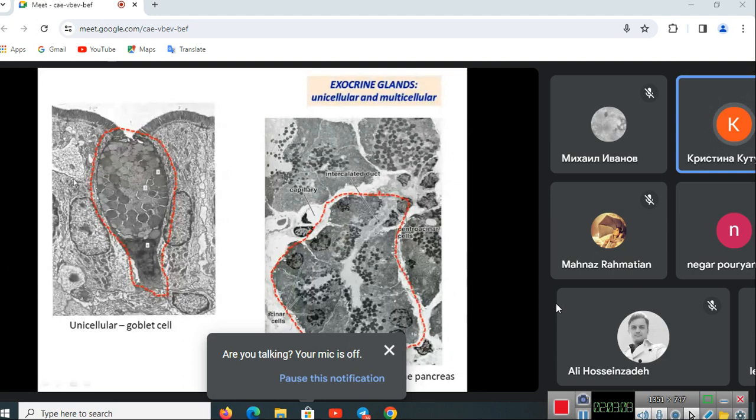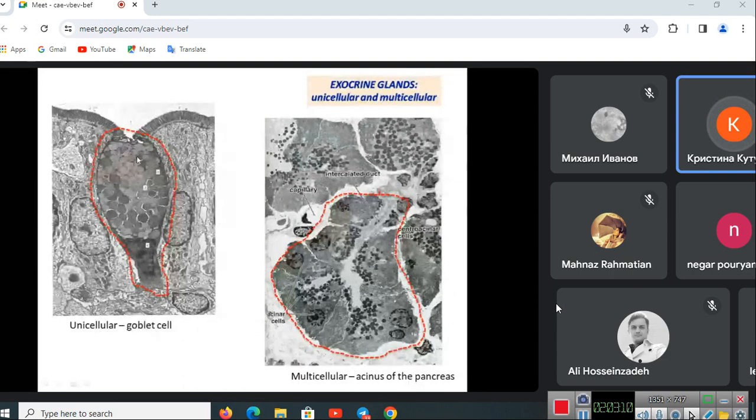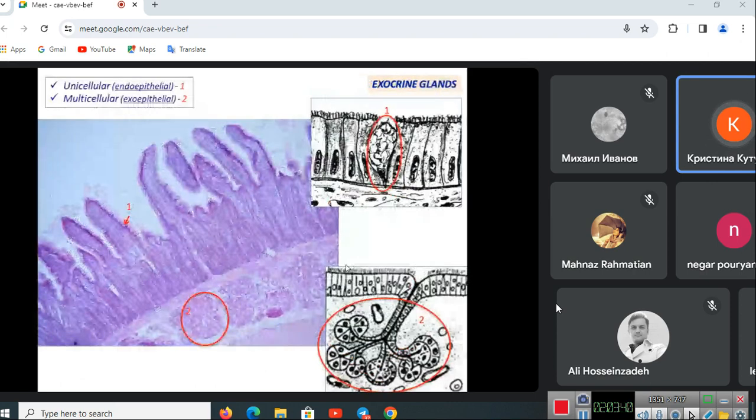For example, the goblet cell is an exocrine gland which releases mucus into the lumen of the intestine. And here we have cells in the pancreas, which are also exocrine gland cells, which release their enzymes into the lumen of the duct of the pancreas and finally into the lumen of the duodenum. Endocrine glands release their substances into blood.